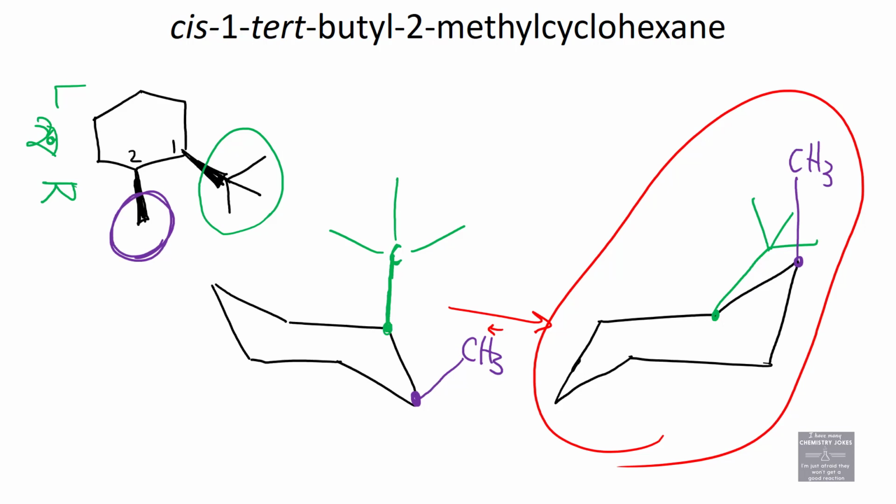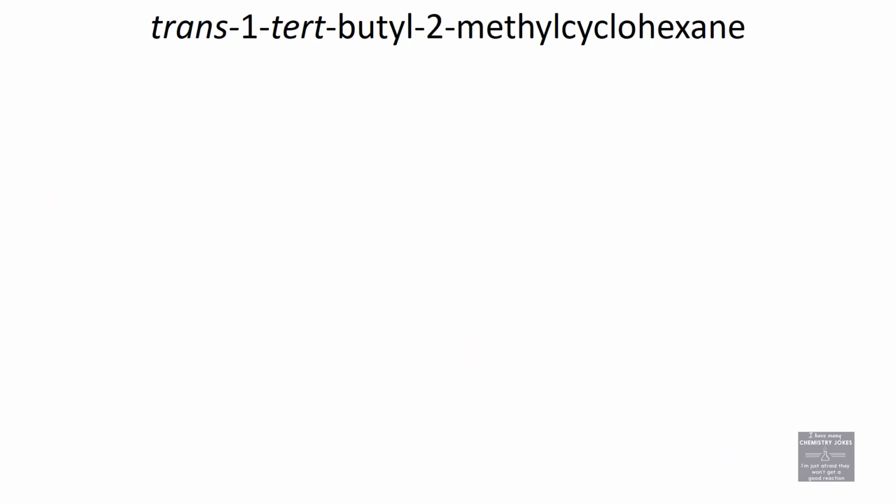Okay. I think I've got one more in me. Well, let's try trans-1-tert-butyl-2-methylcyclohexane. We'll draw it in the same orientation as before, because if you didn't notice, it's the same molecule as before, 1-tert-butyl, 2-methyl, except this time it's trans. So if I put my tert-butyl up, I'll have to put my methyl down. If my tert-butyl is wedged, my methyl has to be dashed.